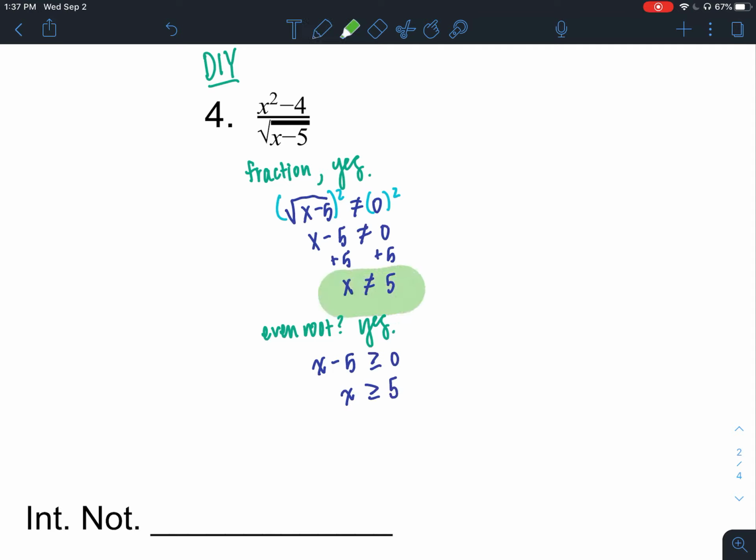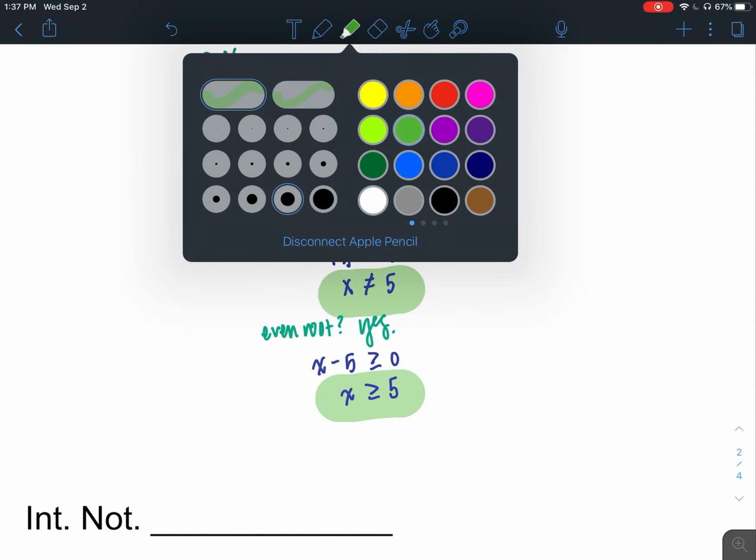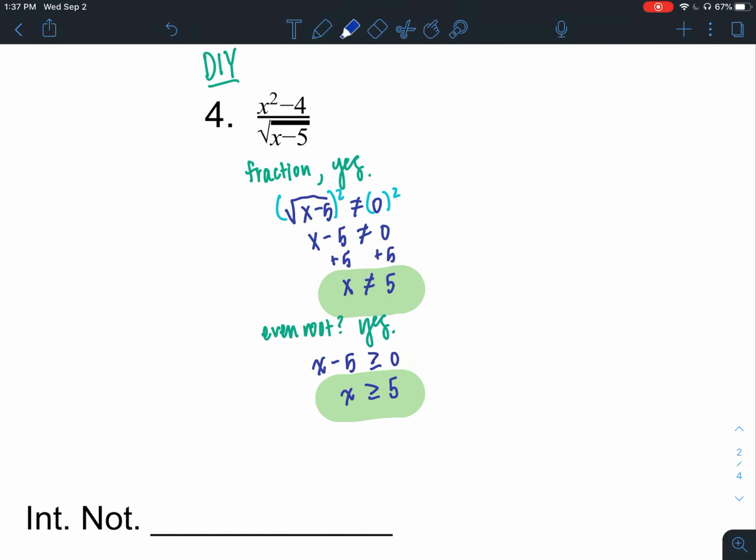All right, so I have these two pieces, and they're somewhat conflicting. How can something be both equal to 5, because it's greater than or equal, oh, gee, that's why I was confused, greater than or equal is what that means right there.